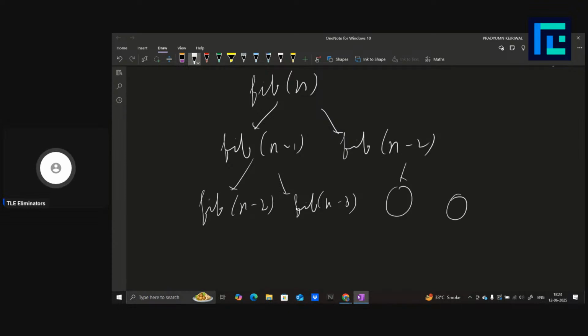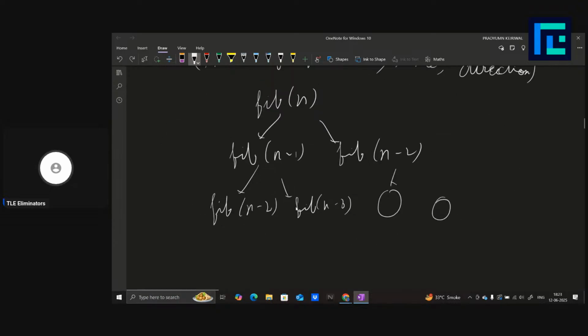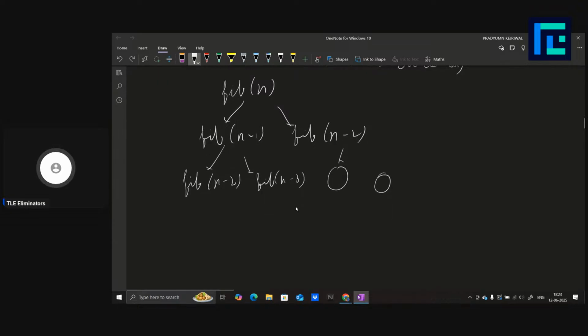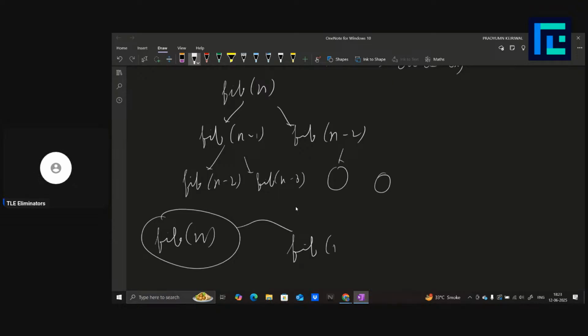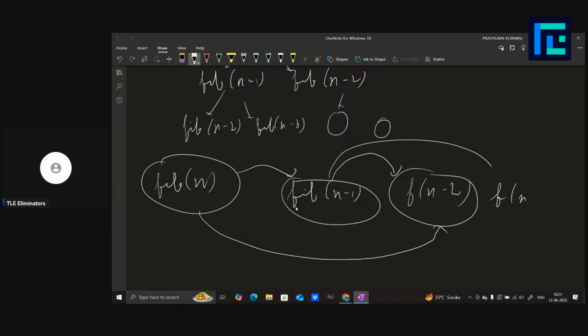So instead of drawing a tree, what you would do is store the values in dp, and it would form a graph. Basically fib of n would depend on fib of n minus 1 and also fib of n minus 2. It would depend on both of these, and again fib of n minus 1 would depend on fib of n minus 2 and fib of n minus 3, right? So this is what your actual dp looks like, normal dp.